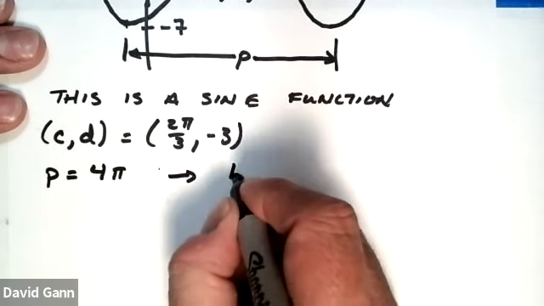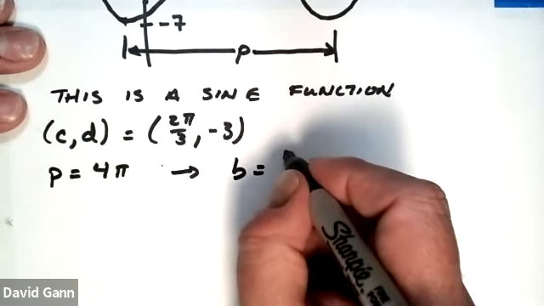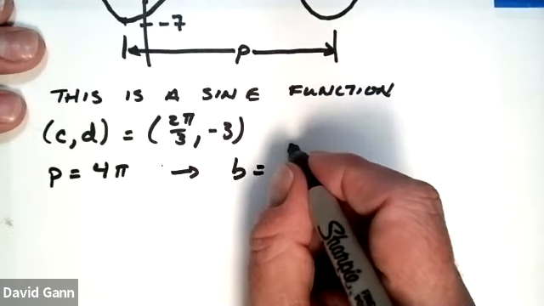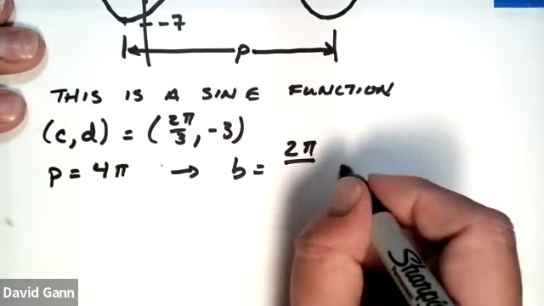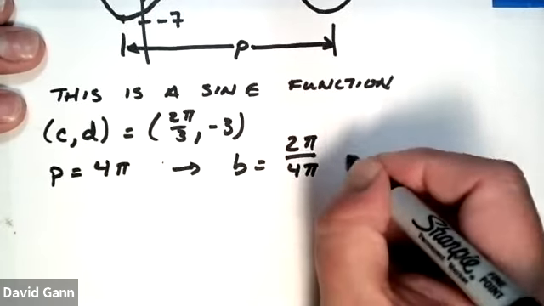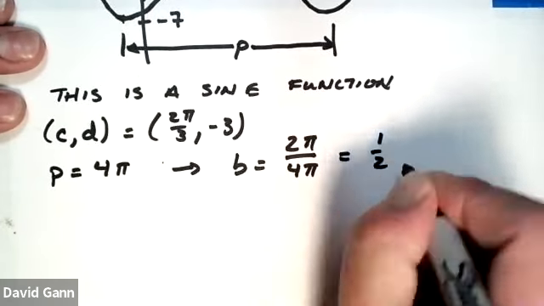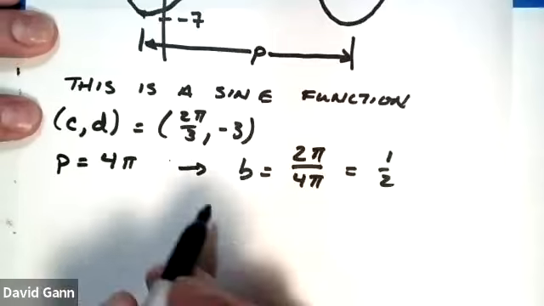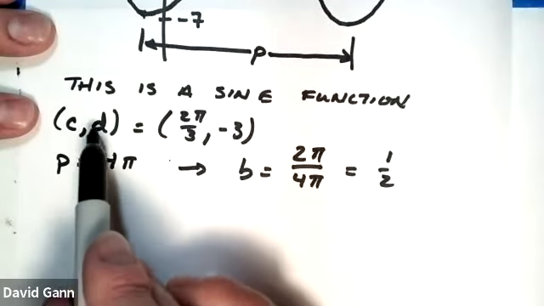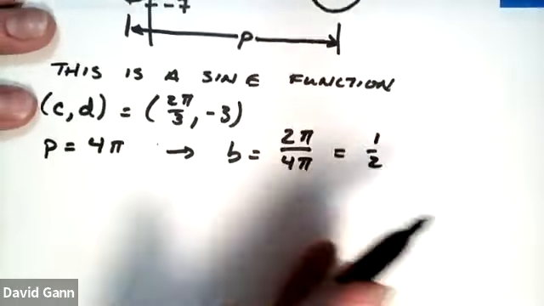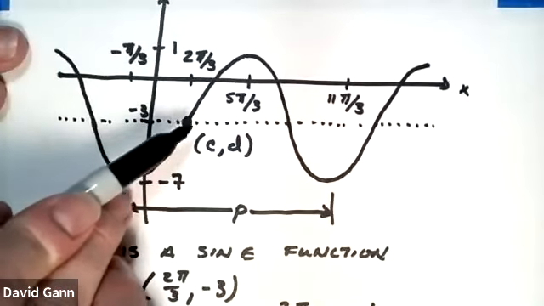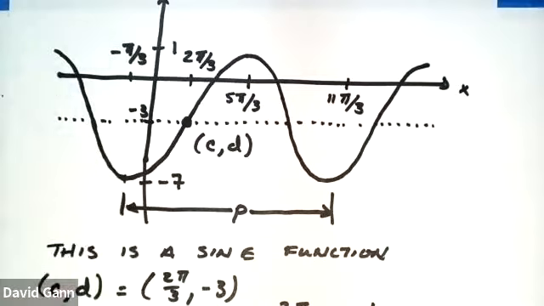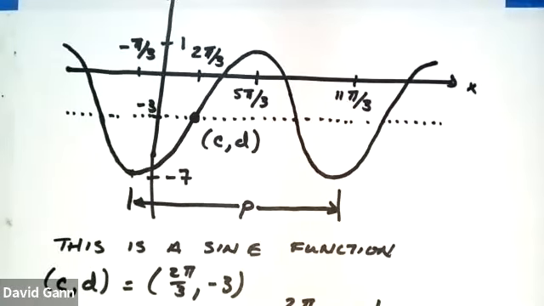So B is equal to the normal period for sine, which is 2 pi, divided by the actual period, which is 4 pi. So this is 1/2. Okay, so now we have B, C, and D. The last thing to do is to find A. Like I said, we intentionally did not put a reflection in here, though you could, but that's just unnecessarily complicated.